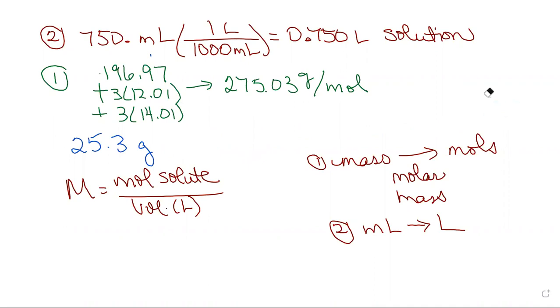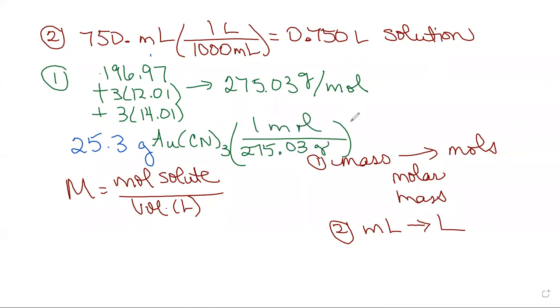Okay, so let's do that. 25.3 grams of gold 3 cyanide. Use our molar mass. We know we're going to divide by the 275.03 grams, multiply it by 1 mole.